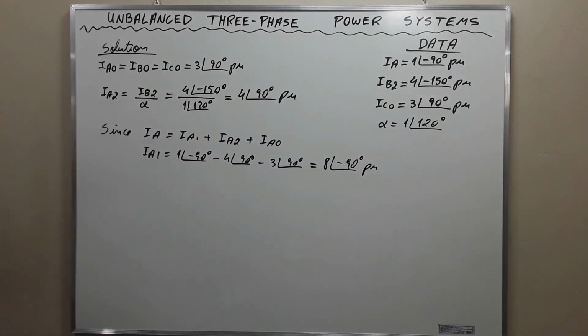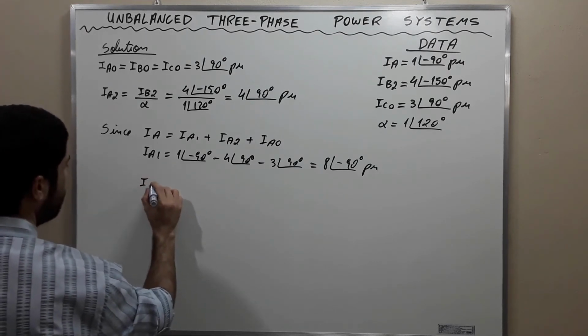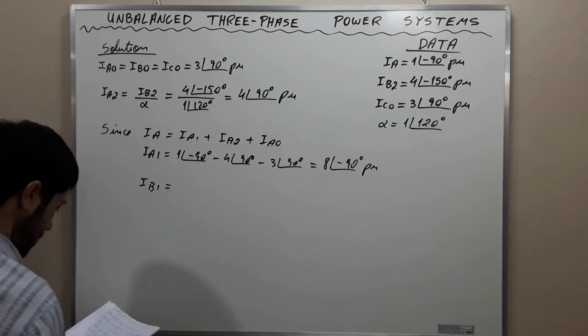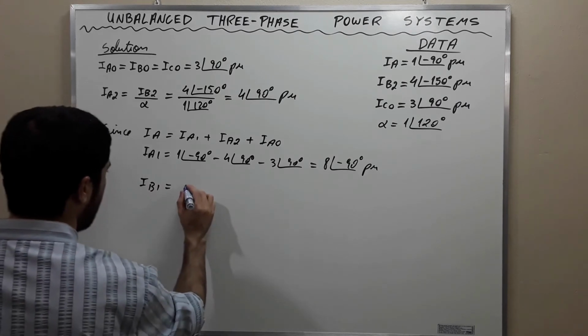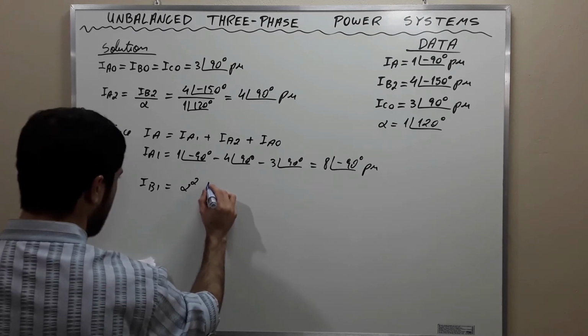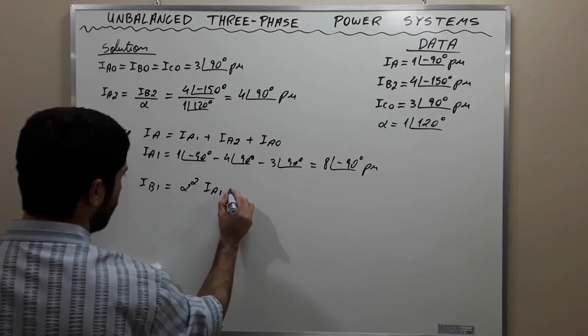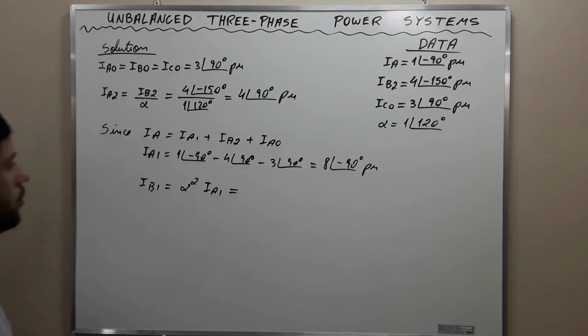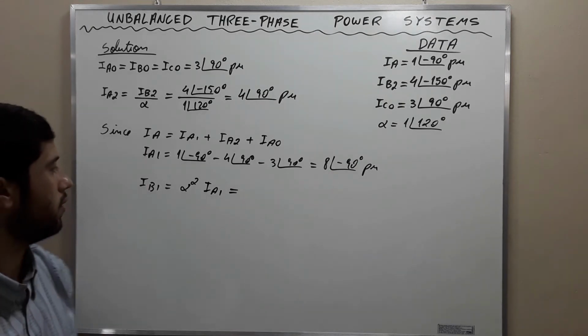Okay? Likewise, we can do it for conductor B, all right? IB1 is going to be alpha squared times IA1, okay? IA1 we calculated.